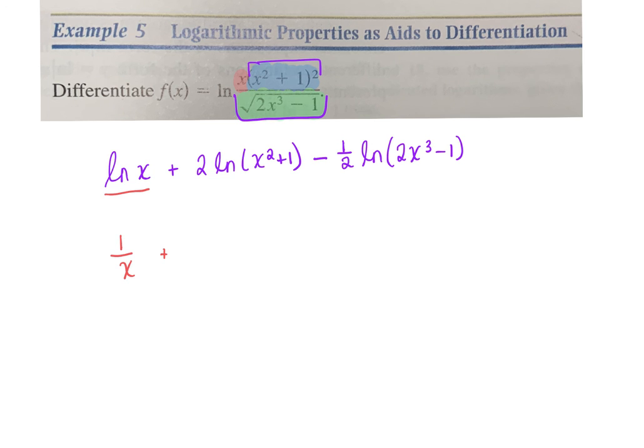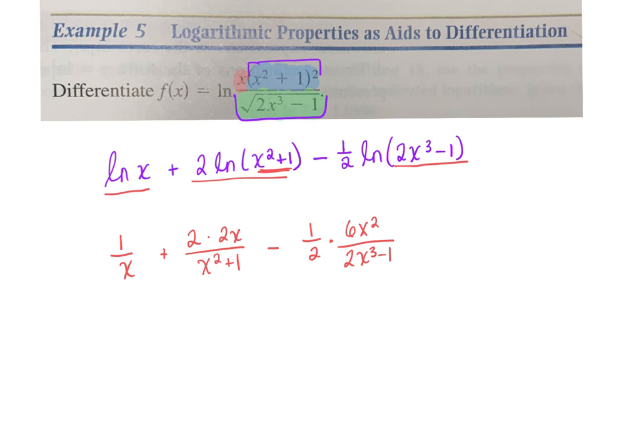Plus, I'm just going to say 2. The derivative of this guy is just the inside. That's 2x, right? Over the actual function itself. Minus 1/2. Derivative of the inside. That is 6x squared over the whole function.